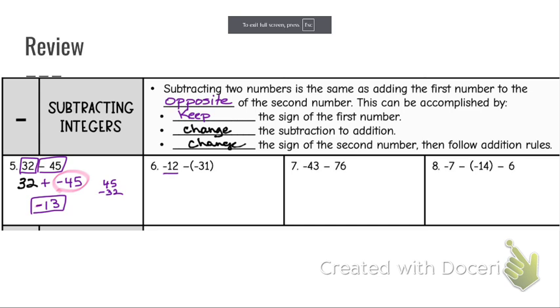Keep, change, change. Remember those two negatives together? It's going to turn into a plus in the middle. Are they the same or different? They're different. 31 subtract 12 is 19. In this case, the bigger number is positive, so it is positive 19.